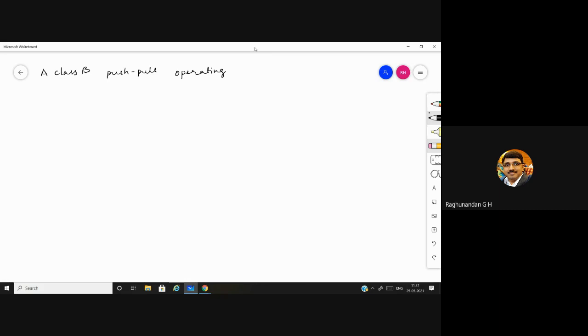So this is not done. A similar kind of problem: a class B push-pull amplifier operating with VCC equal to 24 volt, providing a 20 volt peak signal to a 10 ohm load.